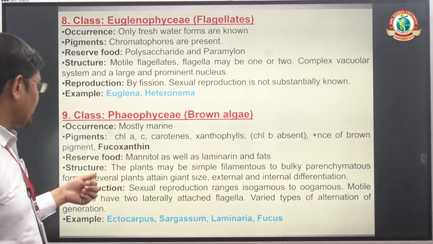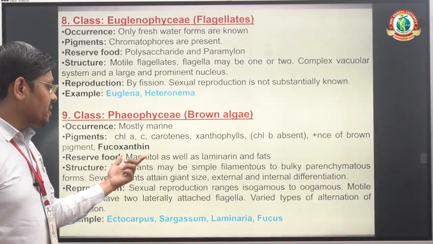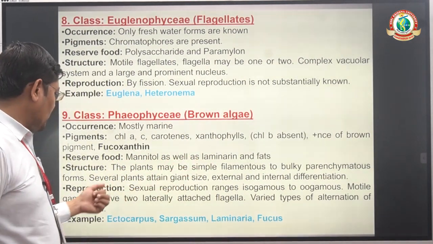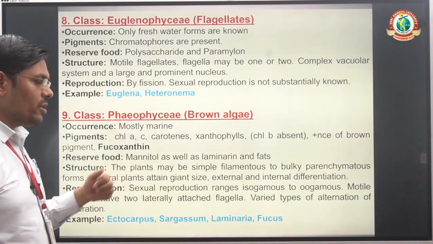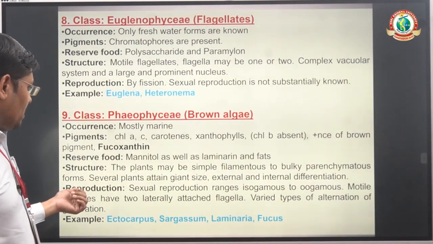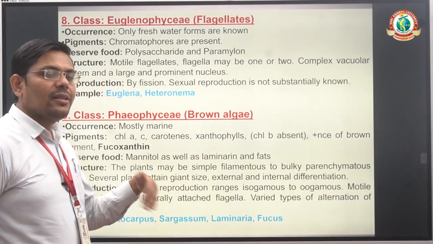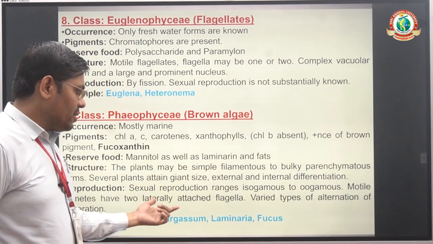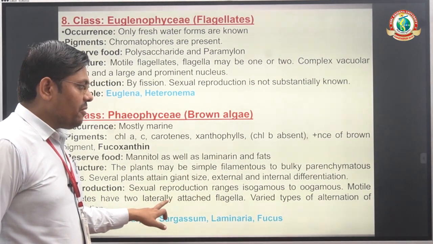That is Phaeophyceae. Reserve food material is mannitol as well as laminarin and fats. Reproduction is by sexual reproduction, isogamous to oogamous, with flagella, and alternation of generation. Examples are Ectocarpus, Sargassum, Laminaria and Fucus.